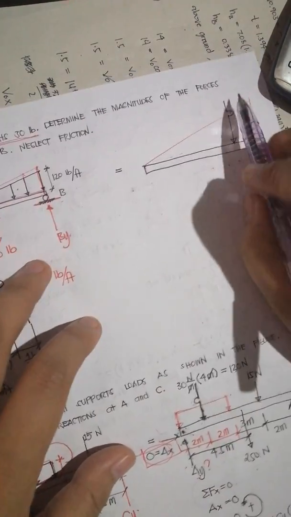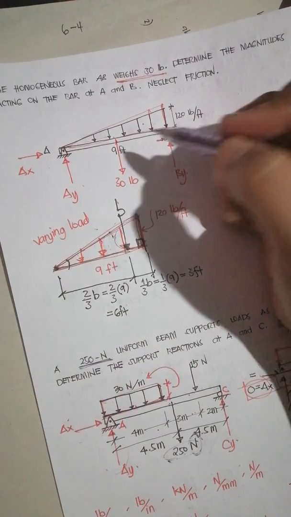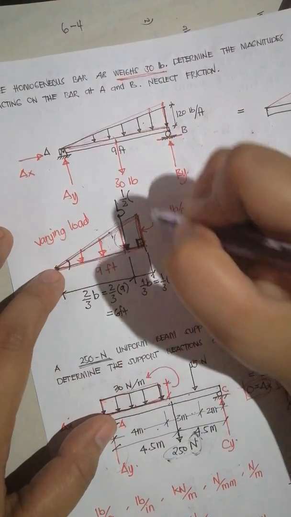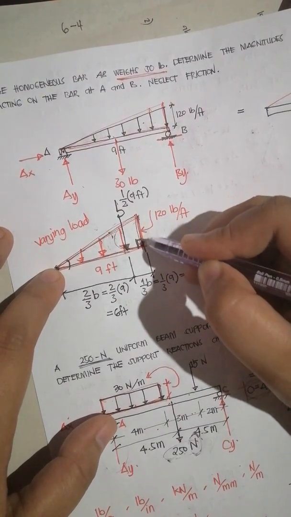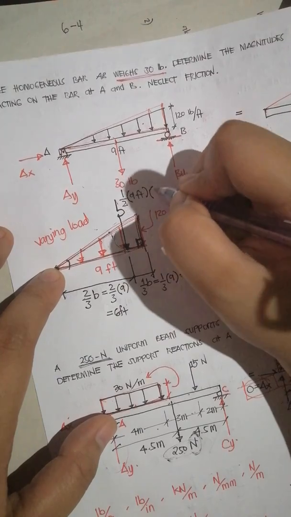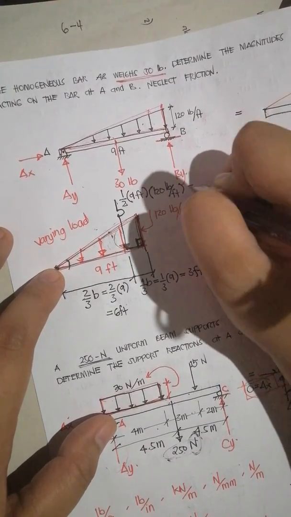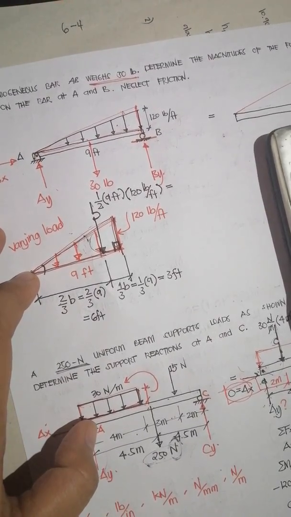The intensity would be simply the area. The area of the triangle is 1/2 base times height. So you have 1/2, the base is the 9 feet, and the height is the highest intensity right here, which is 120 pounds per foot. So this is equal to 1/2 times 120 times 9, 540.